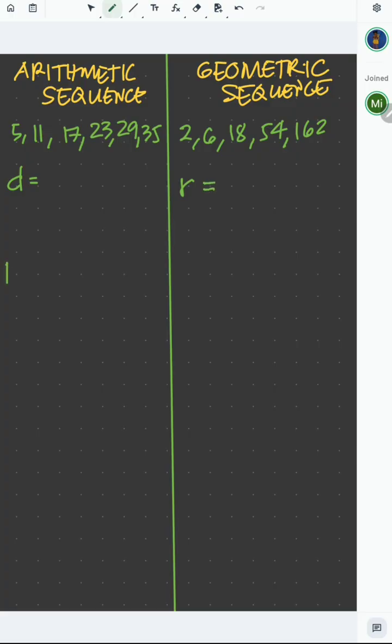Then find the arithmetic mean, let's say the arithmetic mean of a sub 1 and a sub 3. Then here, the geometric mean of a sub 1 and a sub 4.